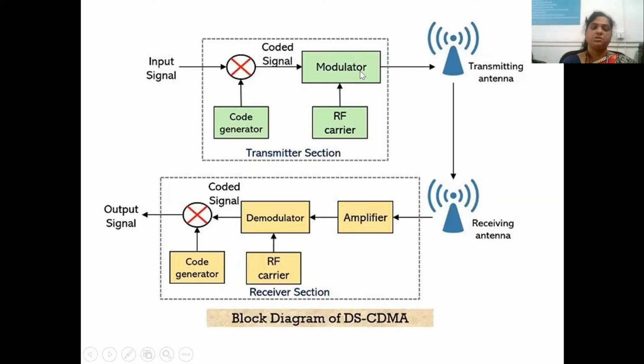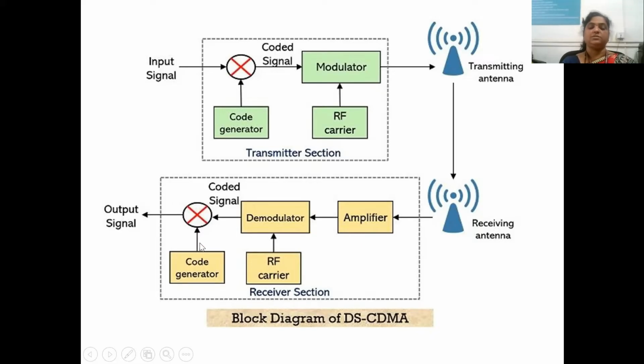The digital modulation technique used can be binary phase shift keying, binary frequency shift keying, quadrature phase shift keying, or GMSK, that is Gaussian minimum shift keying, which is used in cellular transmission. It is modulated on a high frequency carrier and then transmitted. We'll see the process, which is the reverse at the receiver, where the incoming signal is first amplified, then demodulated.